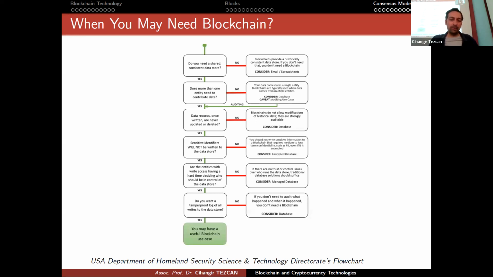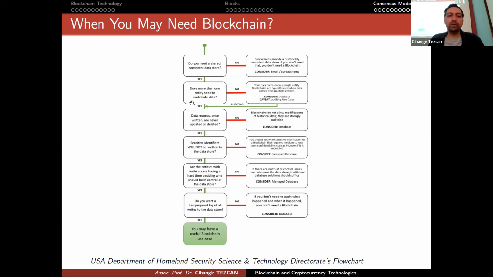Thanks to the USA Department of Homeland Security's Science and Technology, they provided a flow chart, which is very similar to the ones I created, but somewhat better because it also provides you the solutions. For instance, it starts by asking: do you need a shared consistent data store? If your answer is no, then you should consider email or spreadsheets. If you say yes, then you move on. Does more than one entity need to contribute data?